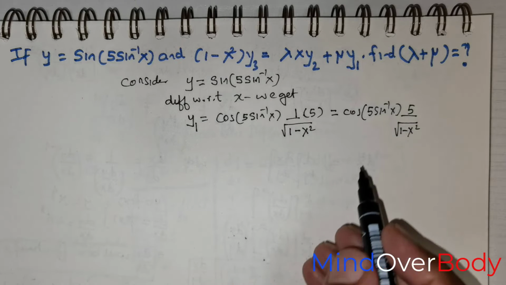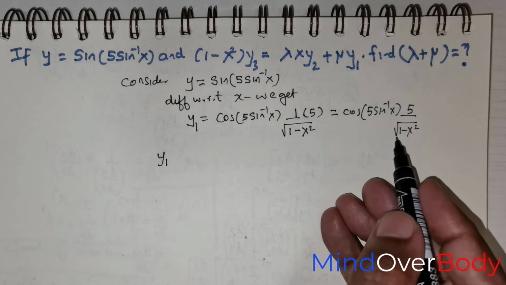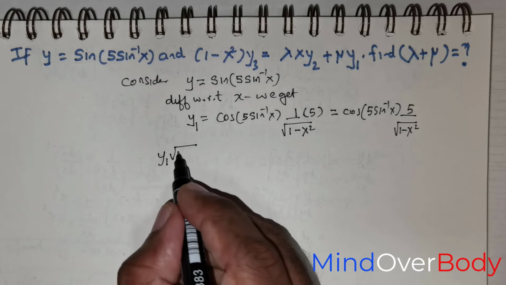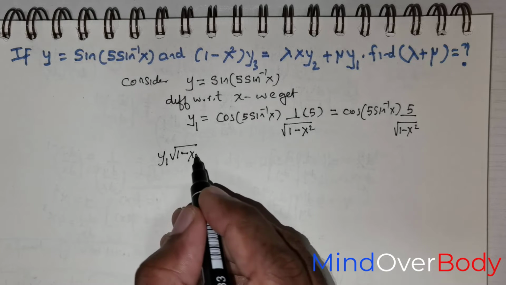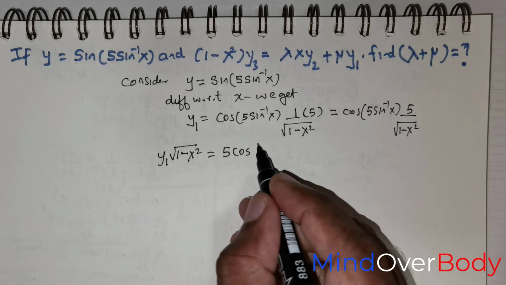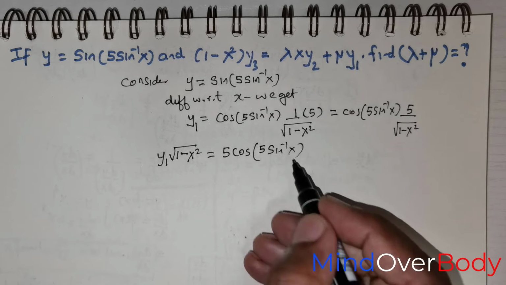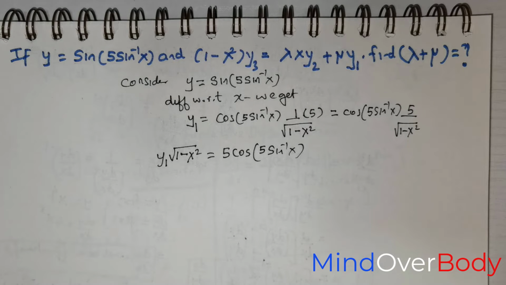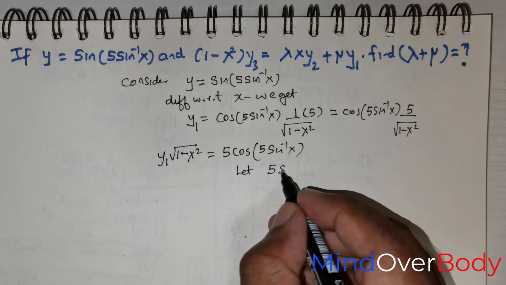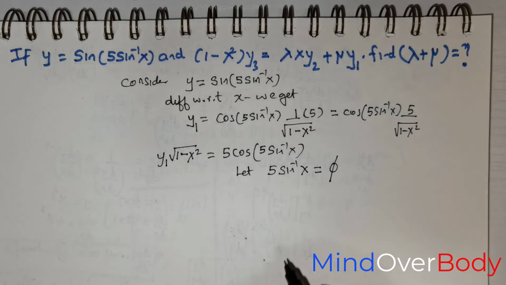So now what I'm going to do is I'm going to push this y1, in other words I'm going to push this root of 1 negative x squared to the left. So that's going to be y1 times square root of 1 negative x squared is equal to 5 times of cos of 5 times of sine inverse of x. Now what I'm going to do next is I'm going to take, let 5 times of sine inverse of x be equal to phi.